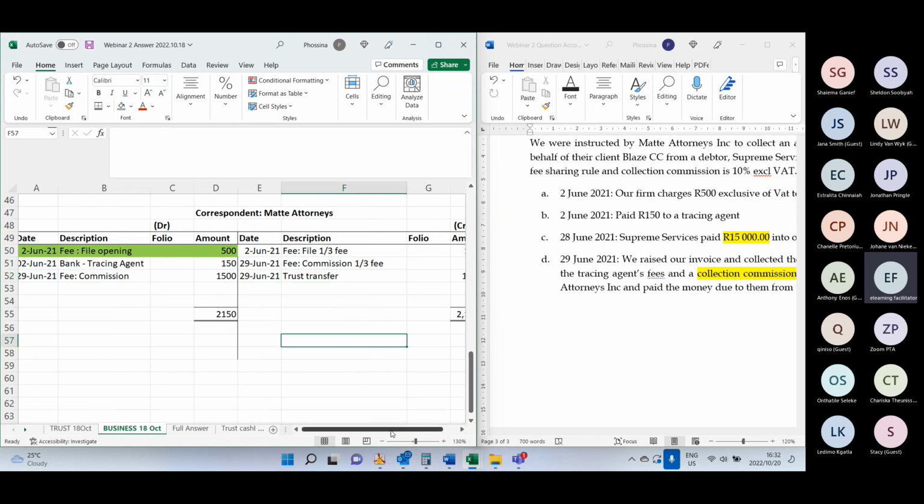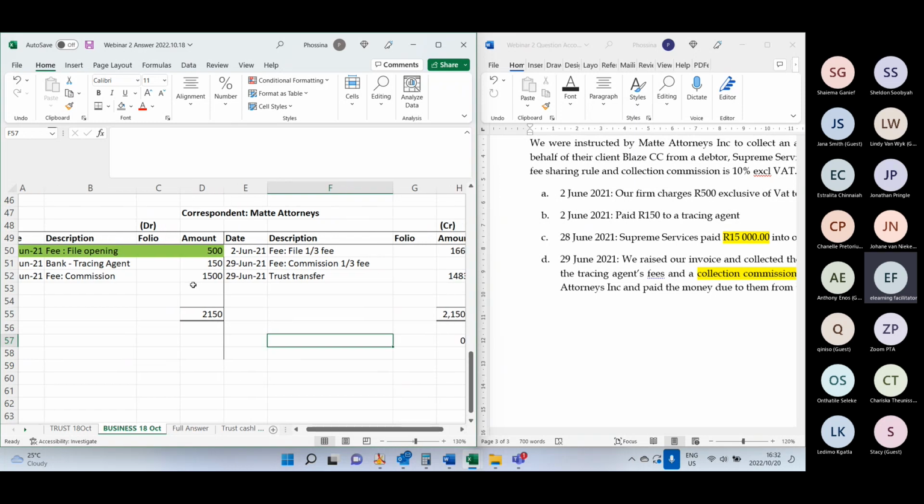So basically, how much we are transferring is 2/3 of these two amounts plus our tracing agent fee that we have paid. So we are transferring 2/3 plus our disbursement. 1/3 plus our disbursement is what is coming to the trust account.